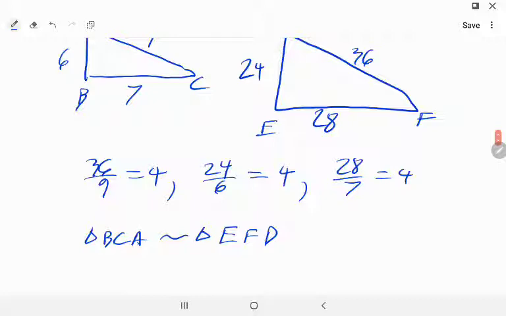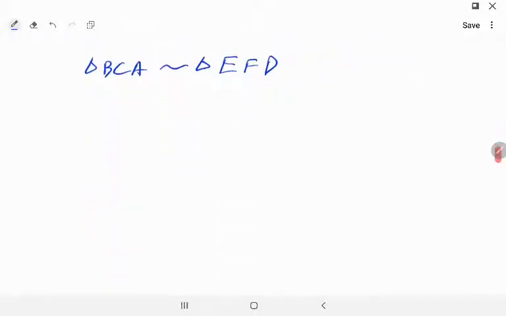Oh, actually, I forgot about one more way you can do it. Suppose all we know is this angle is 30 degrees, and this side is 8 and this side is 12, and we don't know anything about the third side.